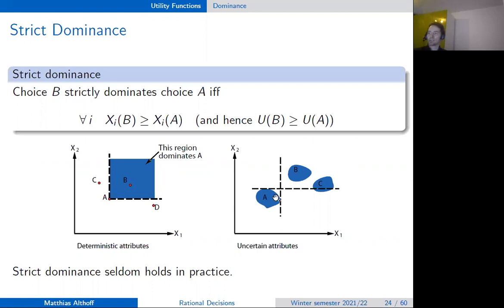And then, of course, for all possible values of B, they have to be better with respect to x1 and x2, considering all possible values of A. And this is the case here for B compared to A. But B doesn't dominate C because C is better with respect to x1 in many cases, maybe even in all cases. This is a close call. Okay.